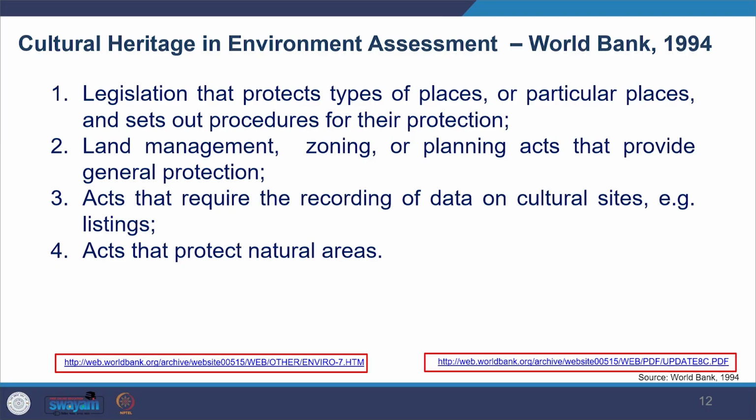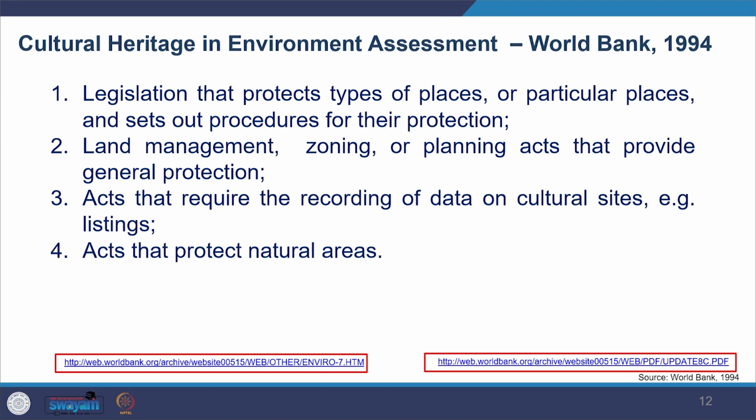Then there are land management, zoning or planning acts that provide general protection. Under land use there might be a heritage zone or cultural zone, which might be protected under the law.